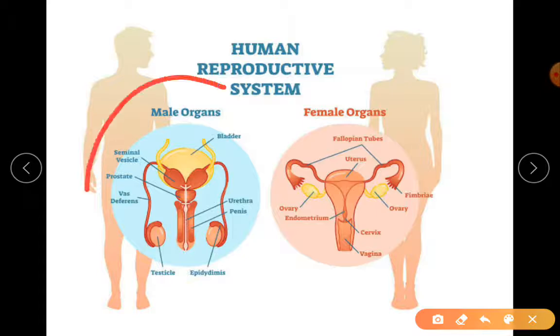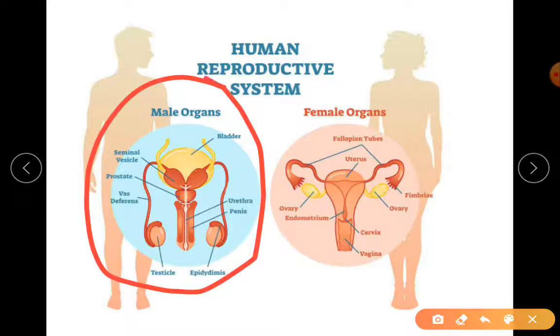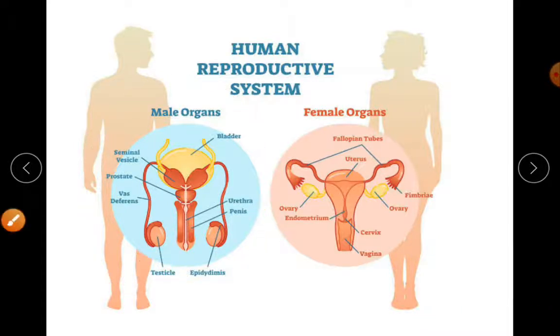In your male reproductive system, you have already understood the place or the site where sperms are produced is called your primary sex organ, and that primary sex organ is the testis. Another term, testicle. Please remember, testis along with the scrotum, we call it as testicle.